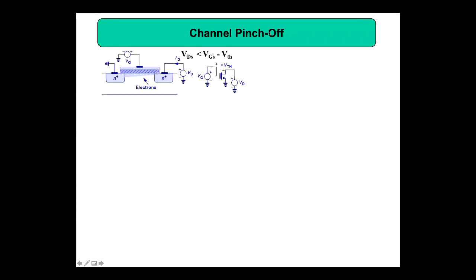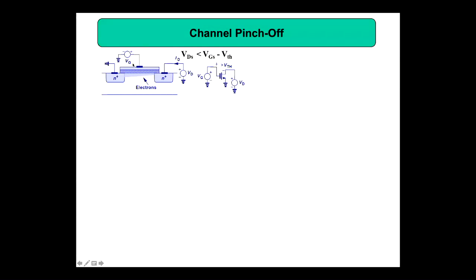When we study channel pinch-off, we are going to take into account different voltages, like the voltage between drain and source, which is less than VGS minus VTH, where VGS is the voltage between gate and source minus the threshold voltage, in one case. Another case may be equal to, or greater than. So we are going to vary the voltages and study the phenomenon called channel pinch-off.